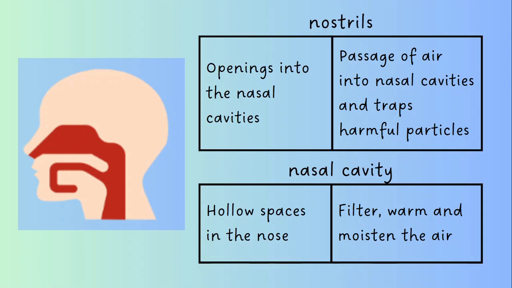Because it has a mucous membrane inside it, and there are many thin hairs in it. Next we have the nasal cavity. The nasal cavity is a hollow space in the nose, and it adjusts the warmth and moisture of the air to match the body temperature.